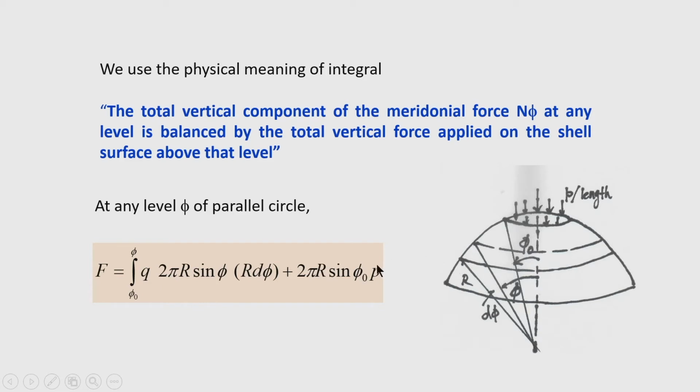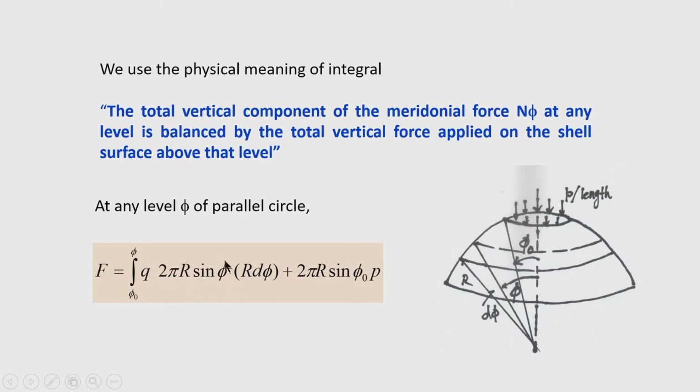Okay. Now, let us calculate the surface load, that is due to self weight or gravity load. If q is the gravity load including self weight and live load, then at this level the radius of the parallel of latitude, or parallel circle, is r sin phi.